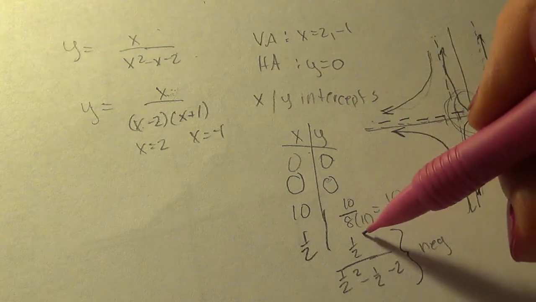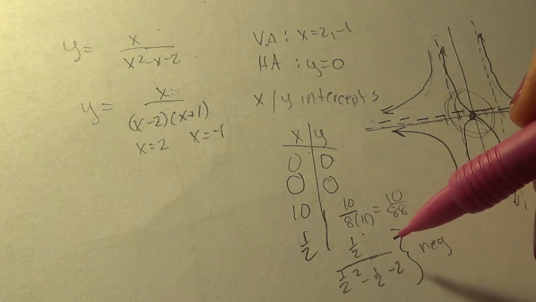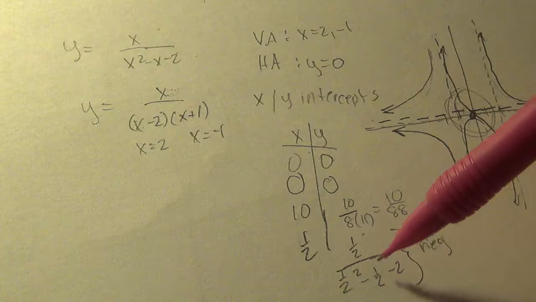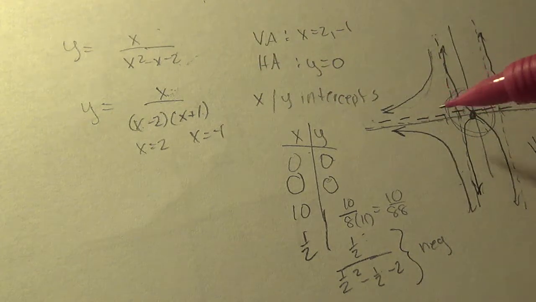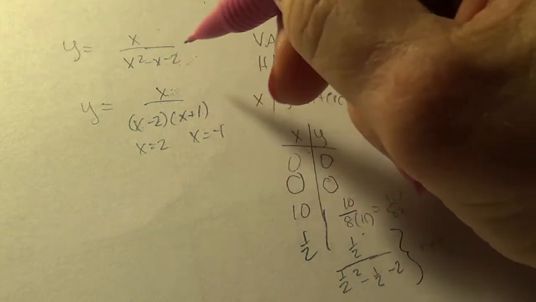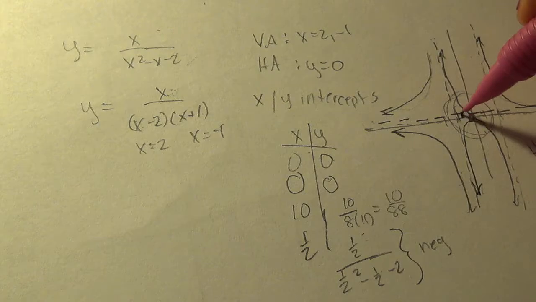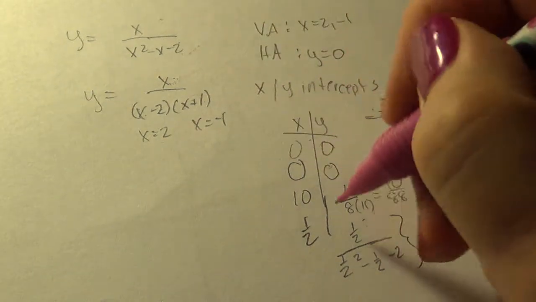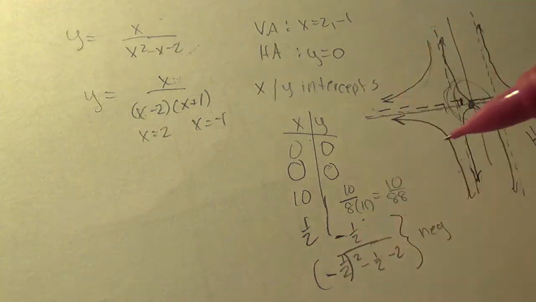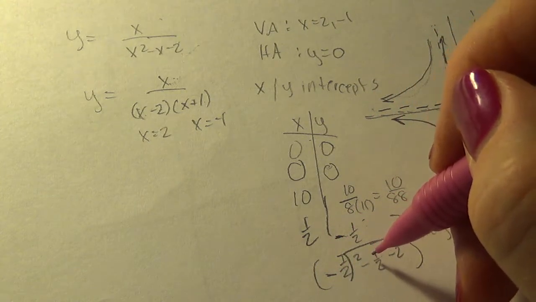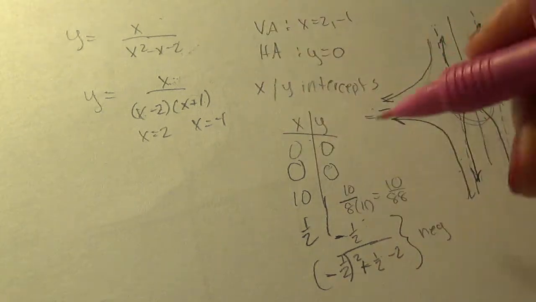Do you see how 1/2 is positive and this number down here is negative? So I was putting the 1/2 into this expression. I'm sorry, I was supposed to put in negative 1/2. Let me correct that. We're trying to test this at this point right here. Well, x is negative 1/2. All right, so this is negative 1/2. This is negative 1/2 quantity squared. This is a negative 1/2, and this is a minus 2.